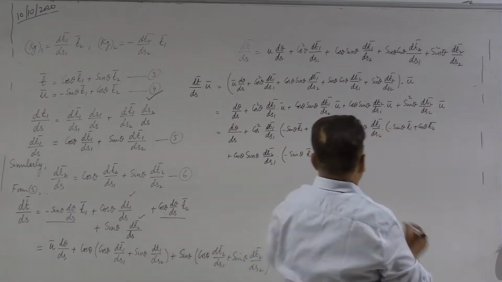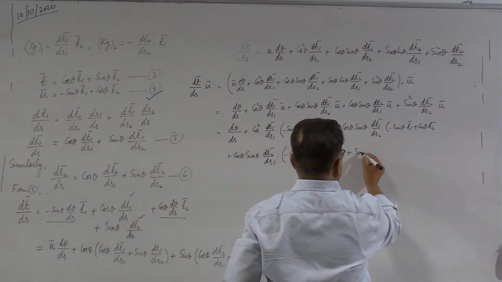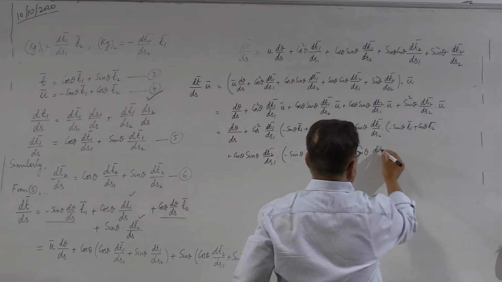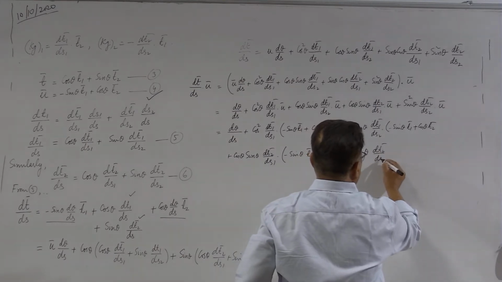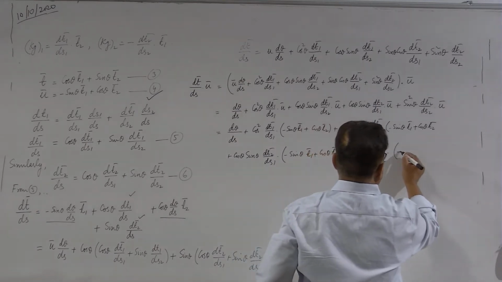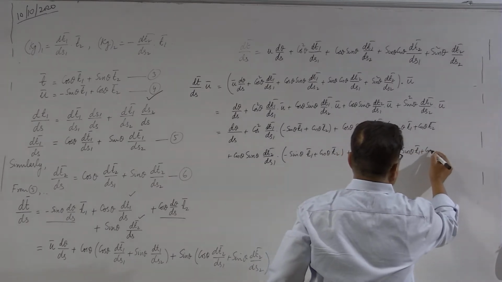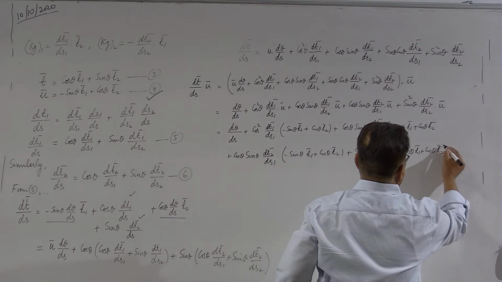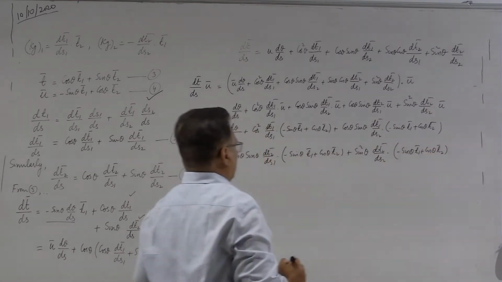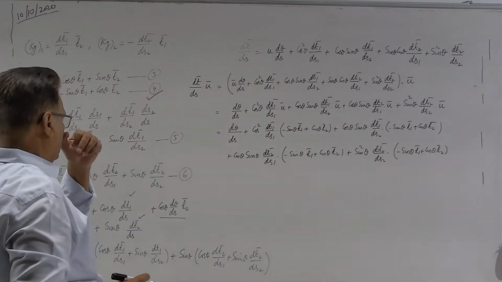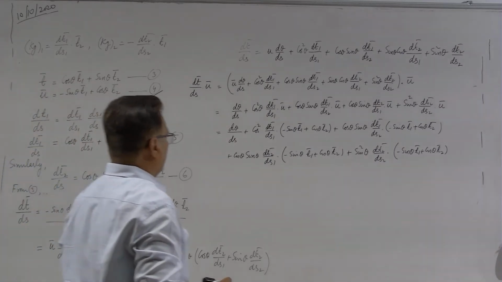The last term is plus sin square theta dt2 upon ds2 dot minus sin theta t1 plus cos theta t2. All right. So, now let us settle these terms one by one.